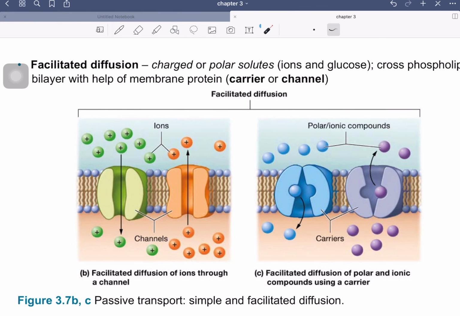The second type of facilitated diffusion can use a carrier. And in the case of a carrier, remember, you come in, you bind on, you cause a conformational change, and you release the substance on the other side. And so both of these fall under the category of facilitated diffusion, either using channels or using carriers.